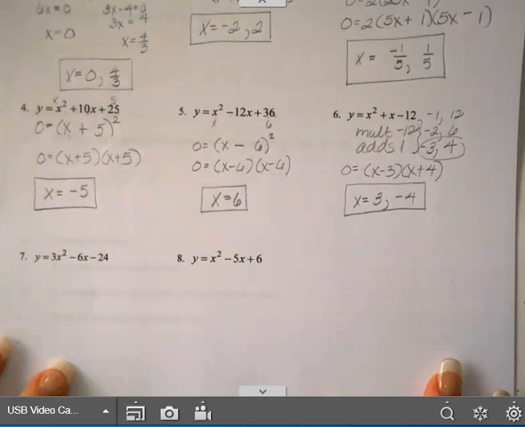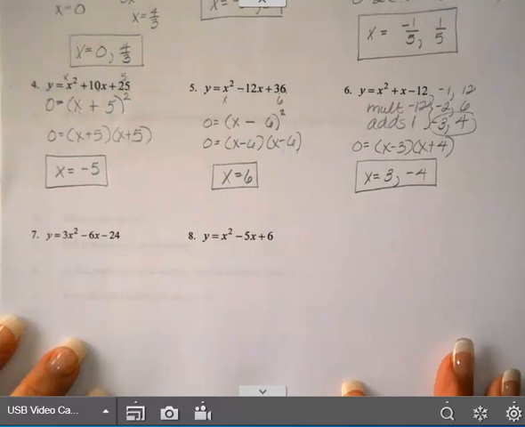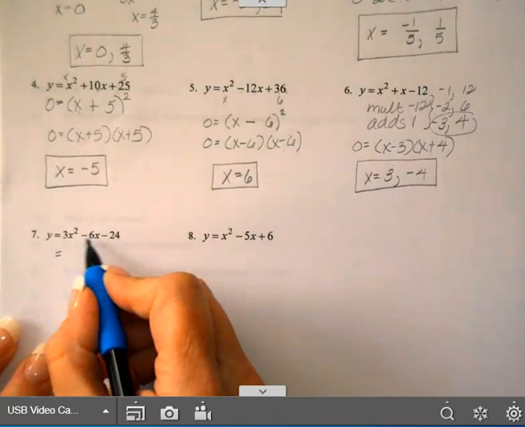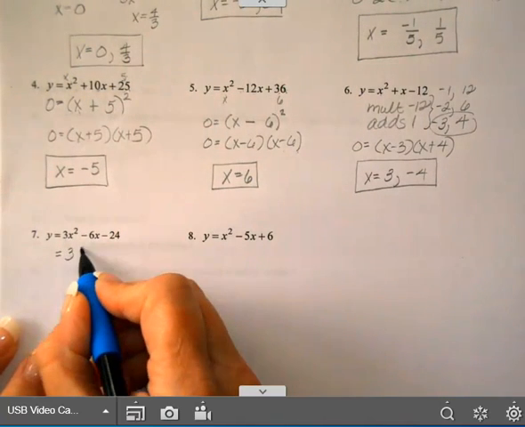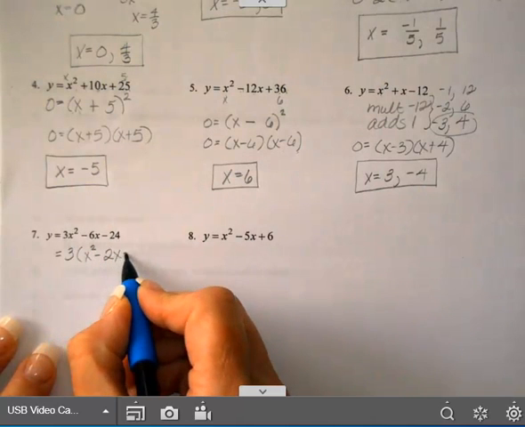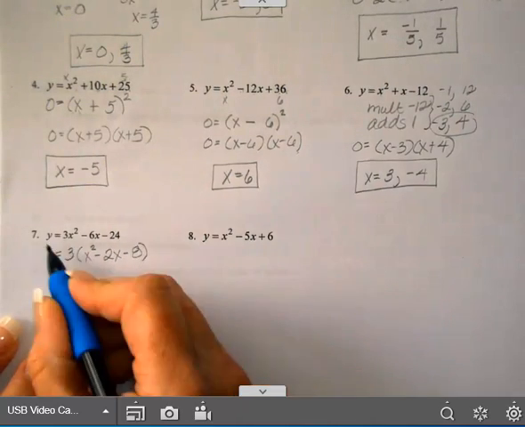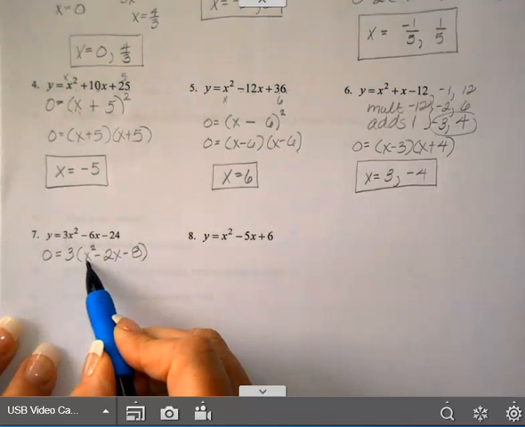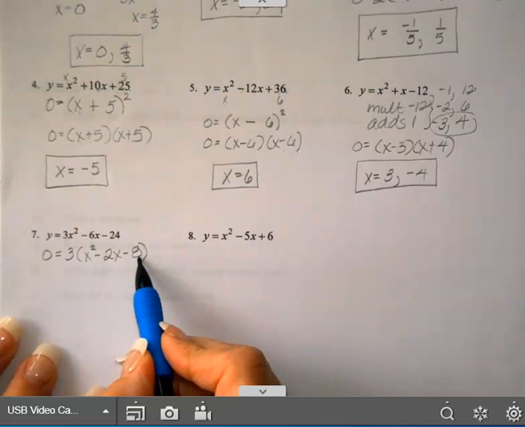Number 7. First step you should always look at is see if they have a greatest common factor. And they do. I can factor that 3 out. Set y equal to 0. And now, look, this has a 1 in front of it, so it's much easier. There are 3 terms inside here.